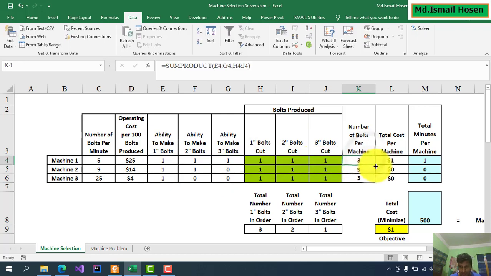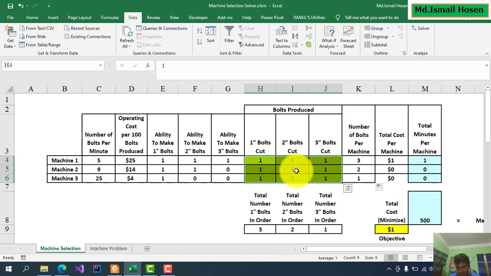We are initializing with this number, and we need to get this number exactly.